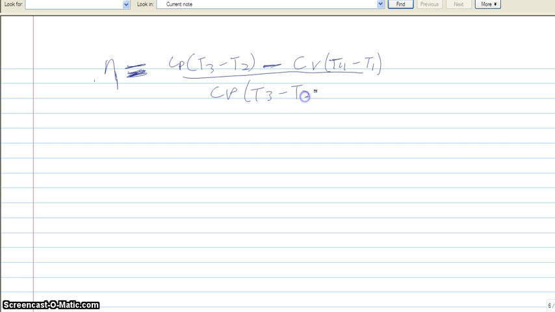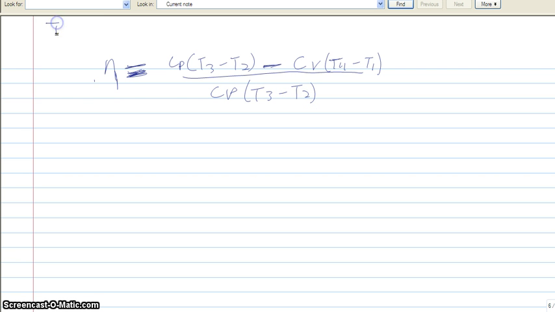Alright, that was a mouthful. So now we'll find the thermal efficiency. The thermal efficiency eta equals Cp times (T3 minus T2) plus Cv times (T4 minus T1), divided by Cp times (T3 minus T2).